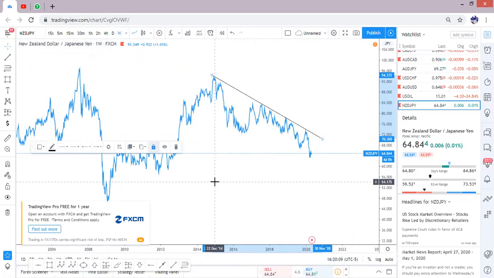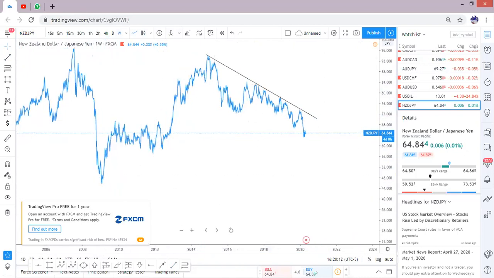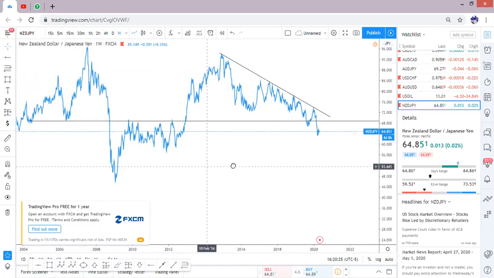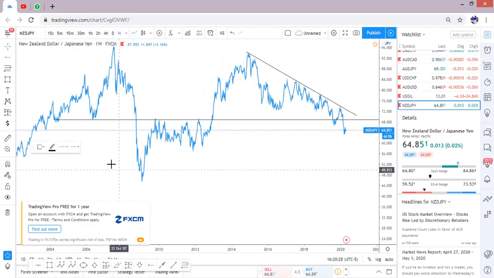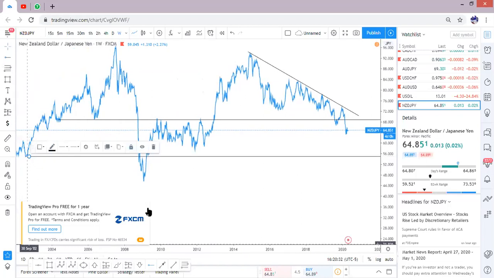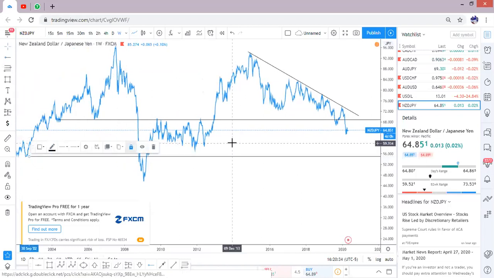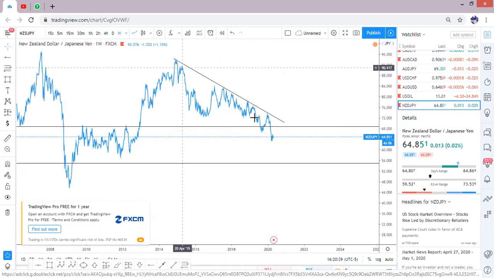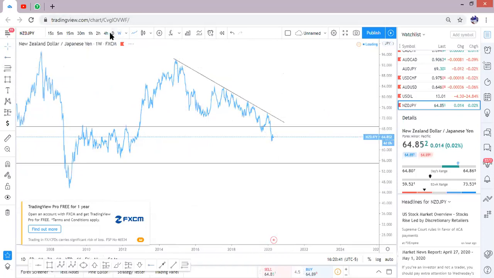So spotting out our support and resistance line is very, very crucial. So that's it. Downtrend. Moving on to the daily.